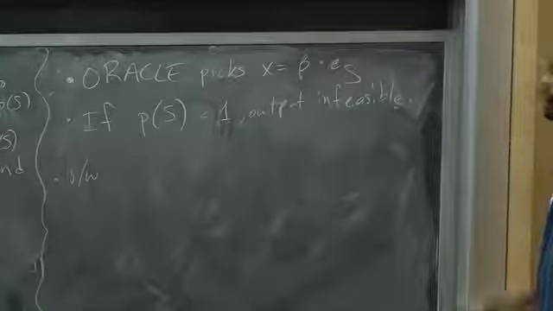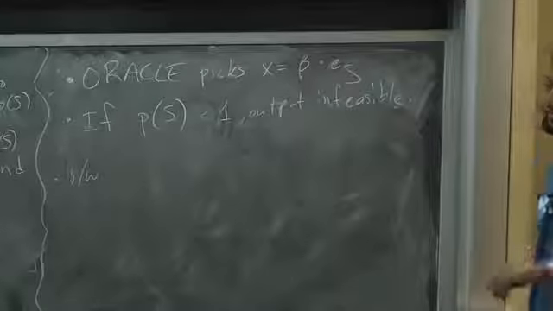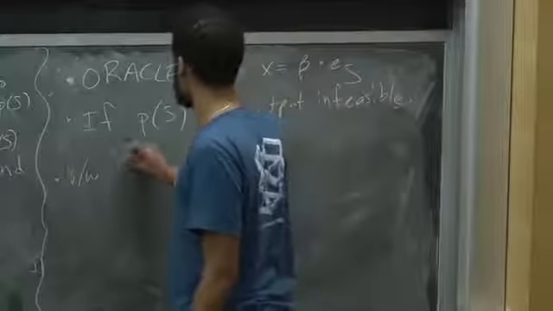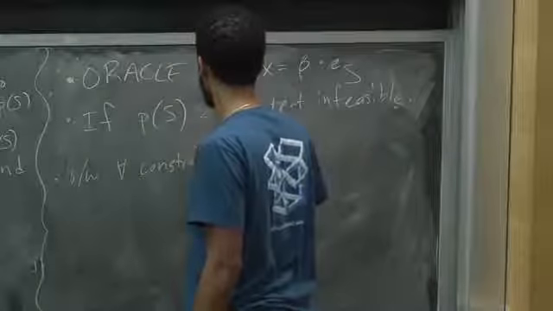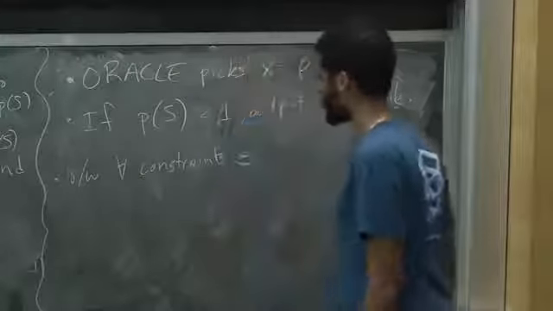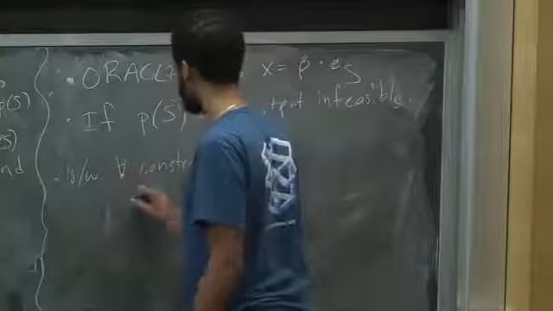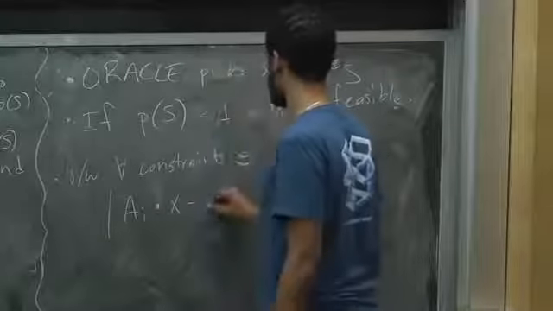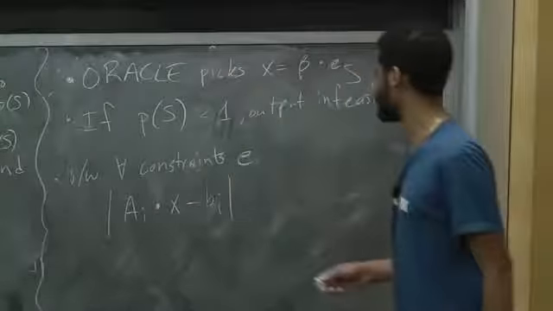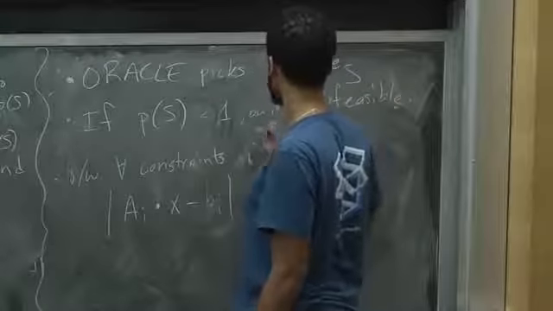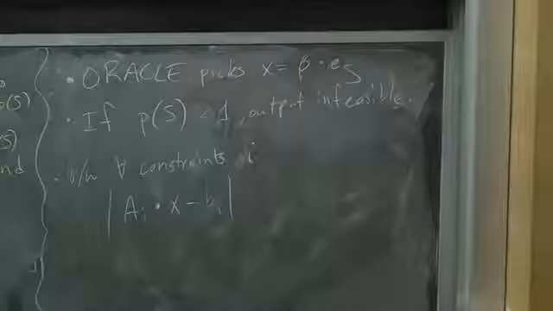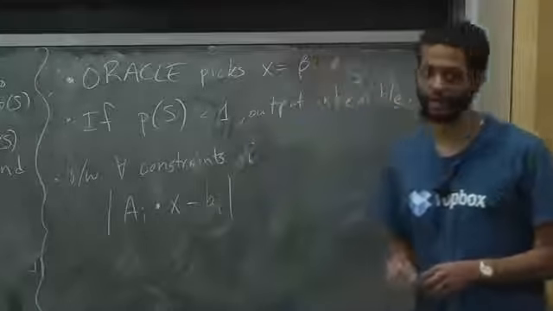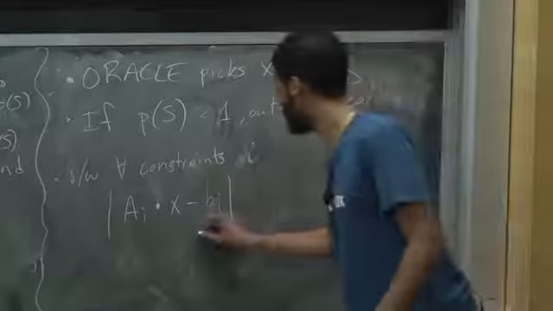what can I say about the width? Remember, I want to have a width-bounded oracle. What can I say about the width that this thing satisfies? Otherwise, for all constraints i, I want to look at a_i dot x minus b_i, and I want to bound this, right? The constraints are indexed by elements of the universe. What can I say about this quantity, right? I need to understand this to know how many iterations I need in my multiplicative weights algorithm. Well, b_e is 1.